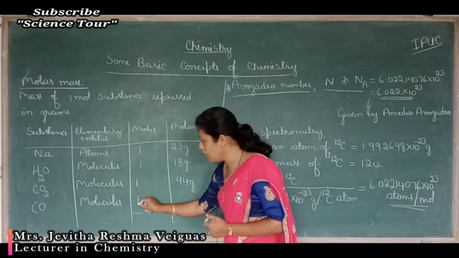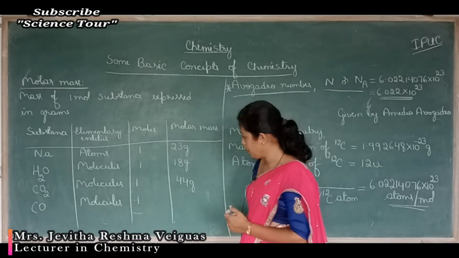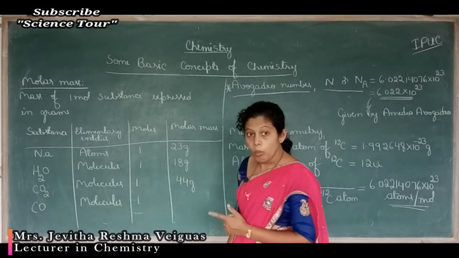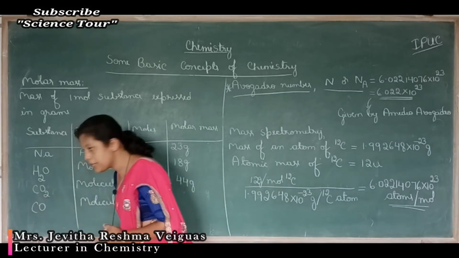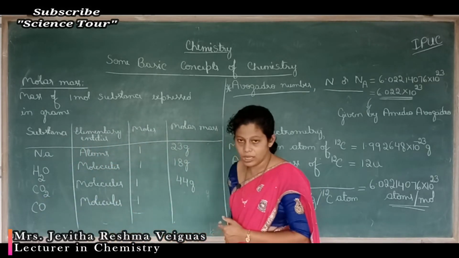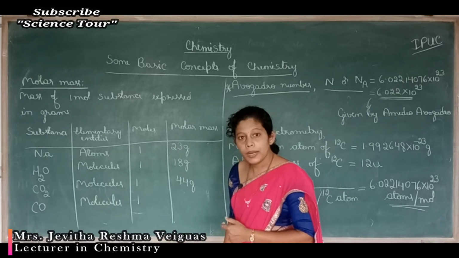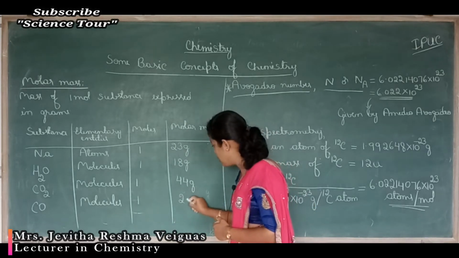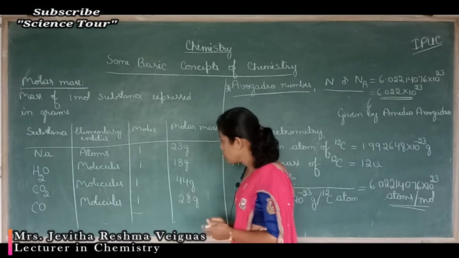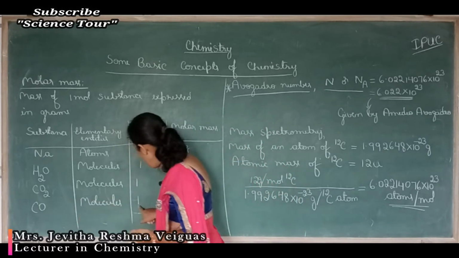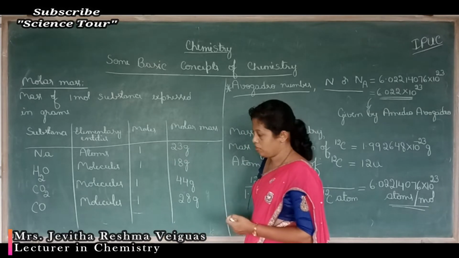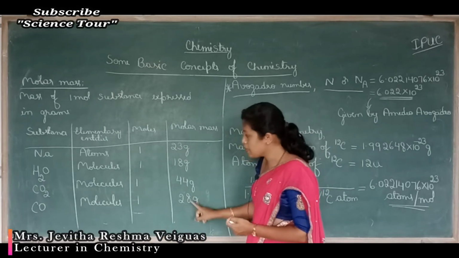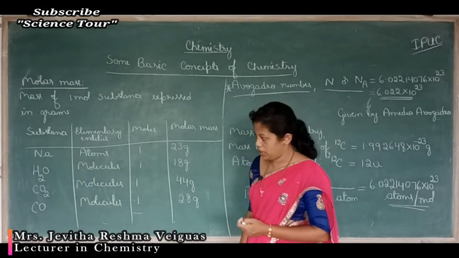If I consider 1 mole of carbon monoxide, its molar mass is the atomic mass of carbon, that is 12, plus the atomic mass of oxygen, that is 16. 12 plus 16 is 28 grams. So 1 mole of carbon monoxide is 28 grams. 28 grams is the molar mass of carbon monoxide.